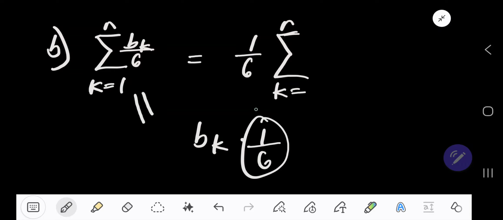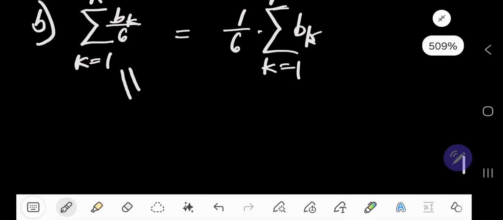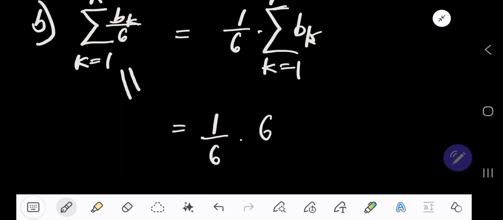So 1 over 6 is a constant, so according to the constant multiple rule you can bring it to the left side of the summation of bk, right? 1 by 6 times the summation of bk, and the summation of bk was given to us as 6. This equals 1.